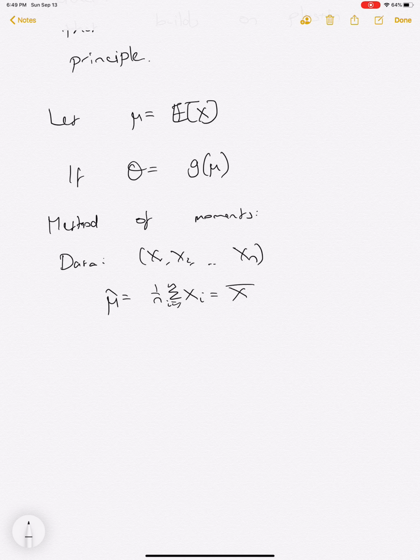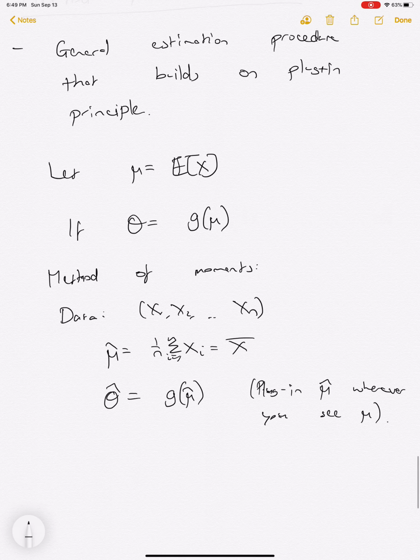And so what you then say is that theta hat is equal to g of mu hat. So plug in mu hat wherever you see mu.